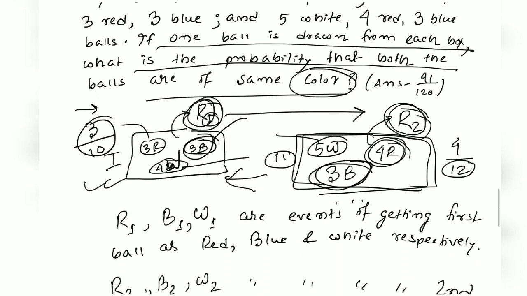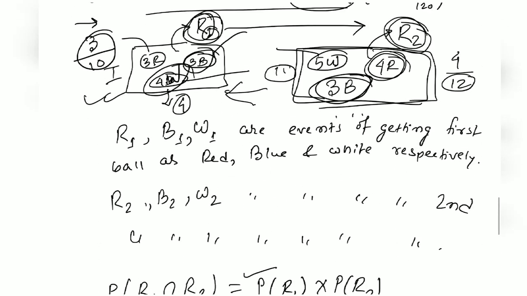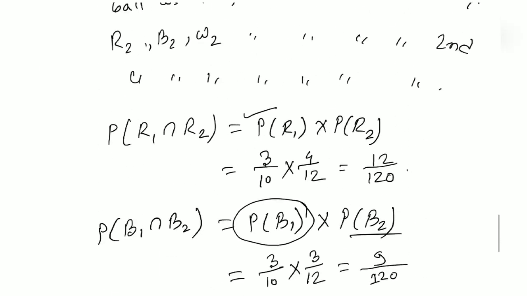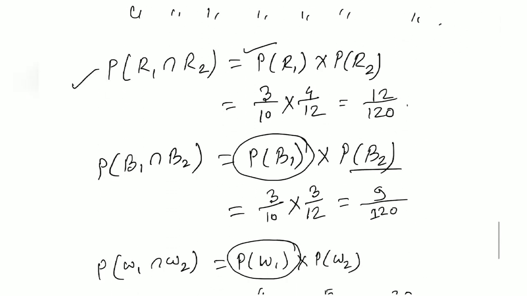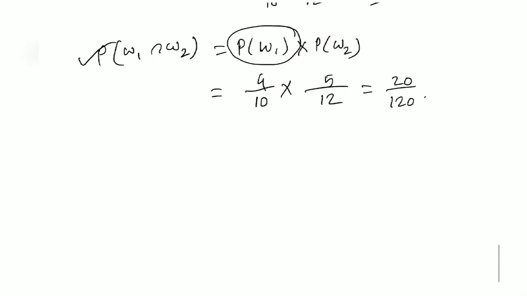You have 4 white balls over here, so you write 4 by 10 for the first box, and on the second box we have 12 balls with 5 white balls, so 5 by 12, and you get 20 by 120. So you can get 2 red balls, 2 blue balls, or 2 white balls.